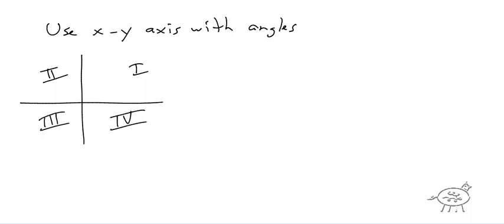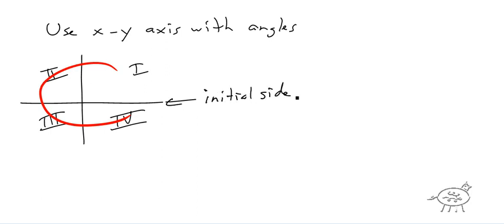You can remember that by drawing a C for cougars, so it starts out quadrant 1, 2, 3, and 4. And this is our initial side, which, as I already described, is the positive x-axis. And we call this standard position.